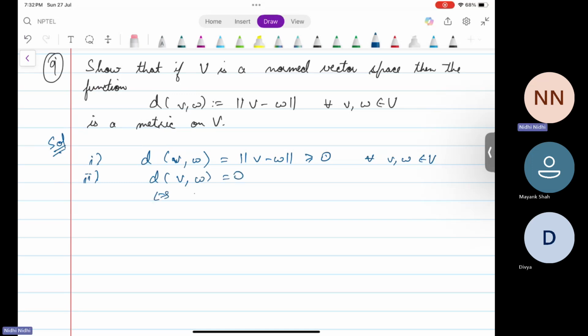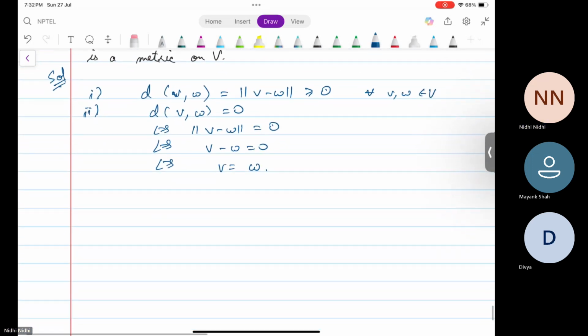Now this is equal to 0 if and only if norm of v minus w is equal to 0. And then by the property of norm, this is equal to 0 if and only if v minus w is equal to 0. That means v is equal to w. Next is the symmetry property. d(v,w), this is again by symmetry of norm.